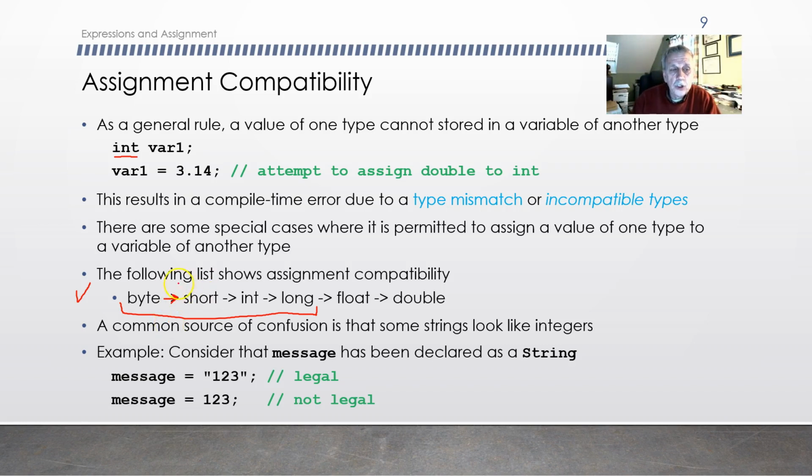I cannot put a short into a byte because I've got a big thing and I'm trying to put it into a small space. That's not going to work. So I can go only in one direction here with the assignments. Notice any of the integers could be assigned to a floating point, be it float or double, single precision or double precision. So the direction of assignment is important to become familiar with.